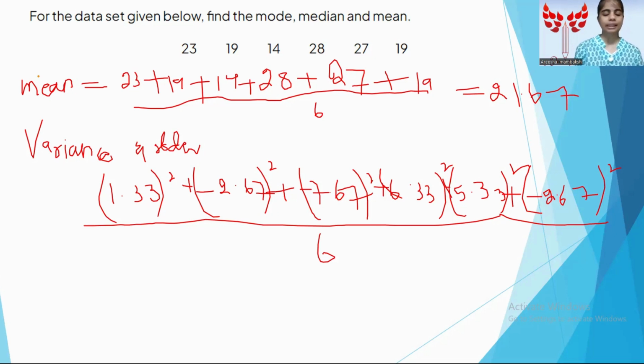First, we are simply finding the differences. Then we are squaring those differences. Then we are adding them, and then we divide. So I think I have an answer.